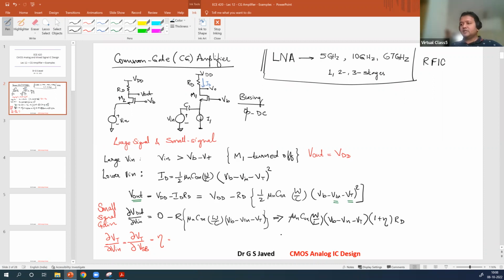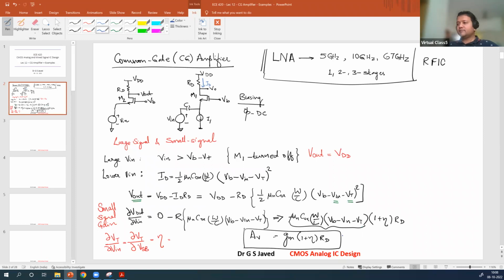So this is effectively given as Av is equal to Gm times 1 plus eta Rd. So what are the takeaways here?